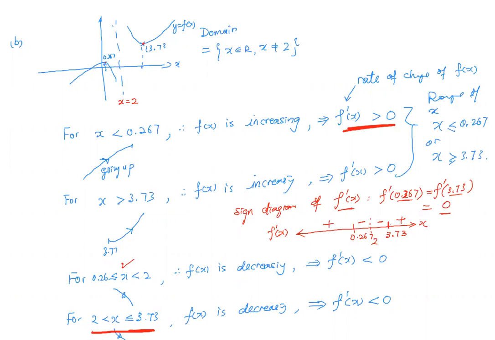Then after that, at x equal to 0.267, it stopped changing. Then from 0.267 to x less than 2, f(x) is decreasing. Are you okay? Okay.